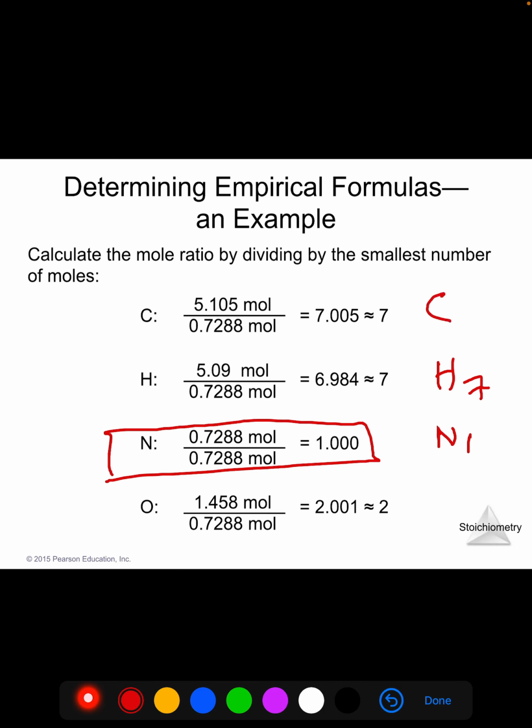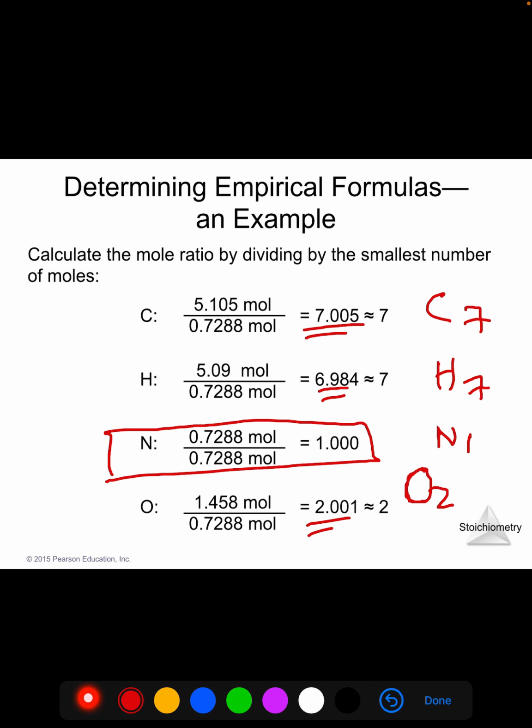There's 7 carbon, and there's 2 oxygen. You know, your numbers will not work out perfectly because when we do our elemental analysis, we don't always get perfect results. Oops, sorry, that's an oxygen, not a carbon, O2.